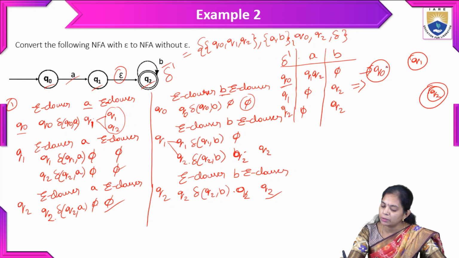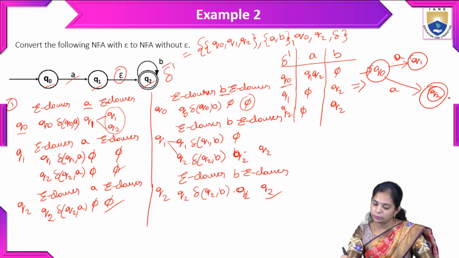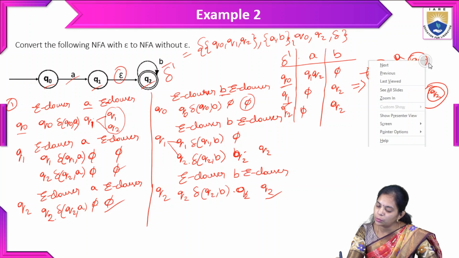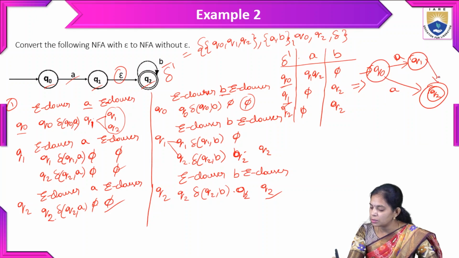So Q0, on the A input, goes to Q1 and also to Q2. For the B value there is nothing for Q0 and for Q1 on A. For the B input symbol, Q1 reaches the Q2 state, and Q2 itself has the B input symbol.